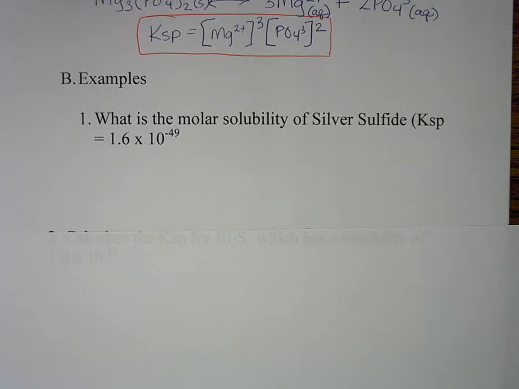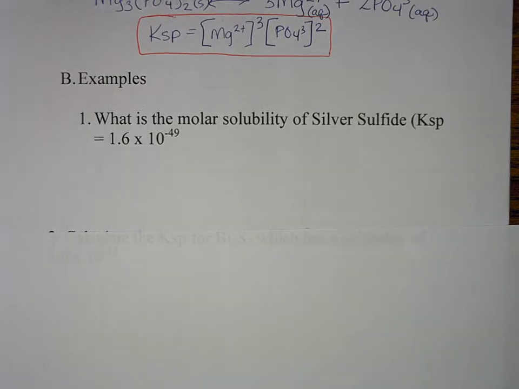If they don't give you the KSP value in the problem, then make sure that you look it up in the chart on page 718. But here I have silver sulfide, which is really one of those insoluble compounds, but there's a tiny percentage of it that is going to dissolve, and I want to figure out the molar solubility of silver sulfide. They give us the KSP value, 1.6 times 10 to the negative 49. That's a pretty small KSP value, which means that you're going to have a very small concentration of ions in the solution.